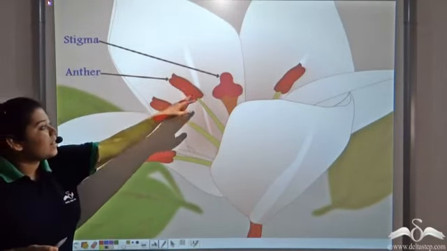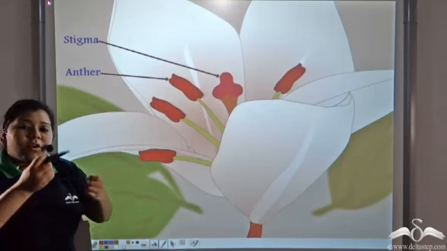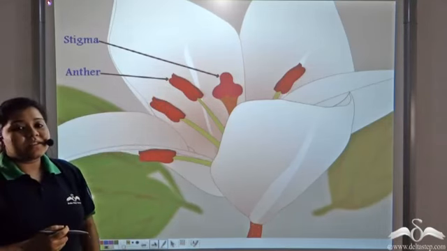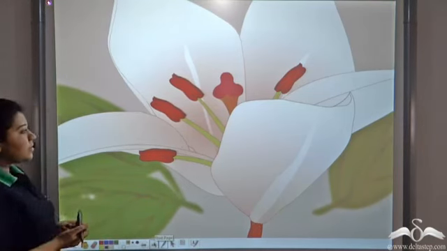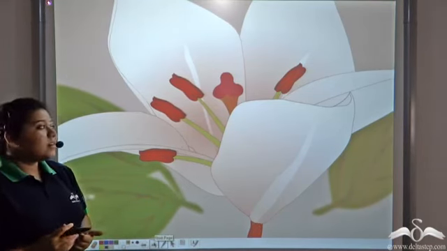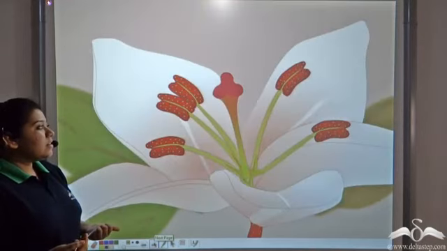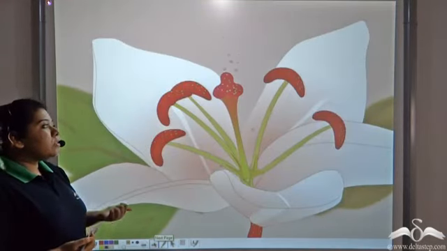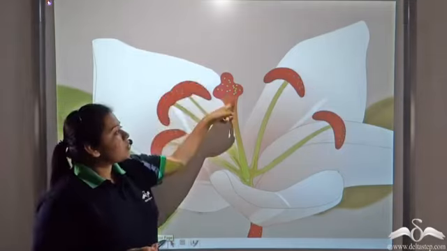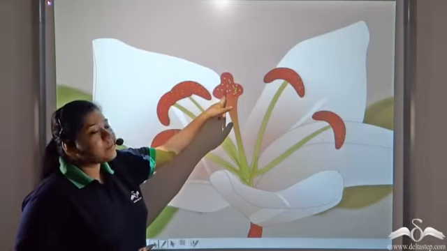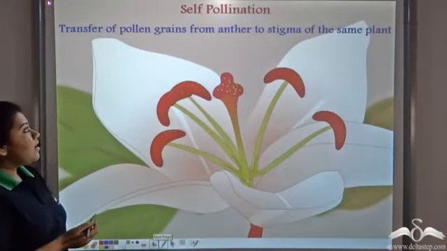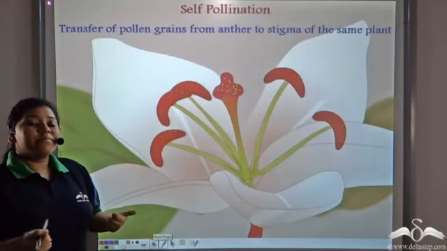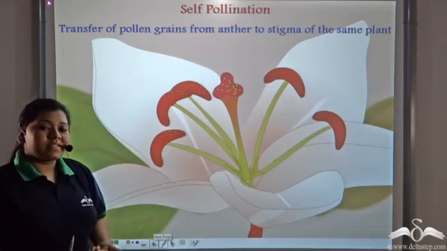Now, these anthers contain a lot of spherical pollen grains. So what happens is the anthers burst open and throw the pollen grains onto the stigma of the female reproductive part. And this process brings about pollination.